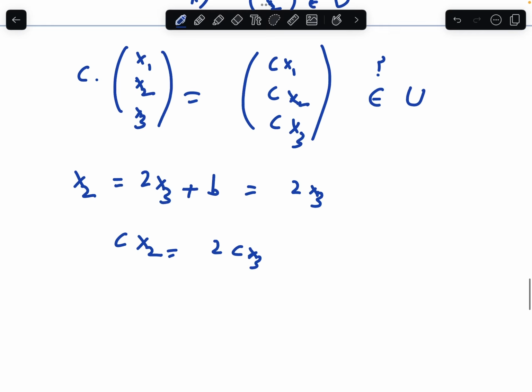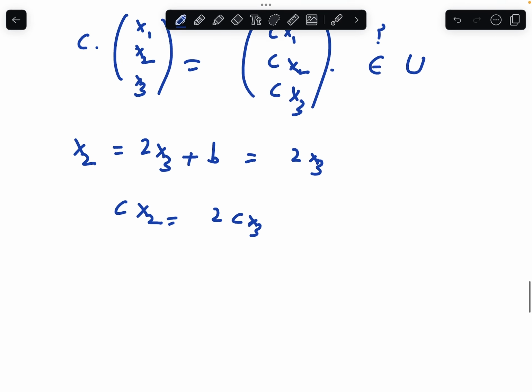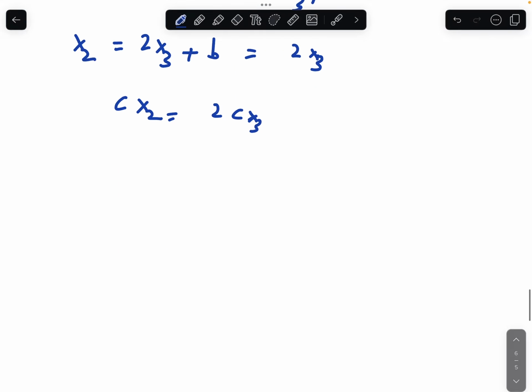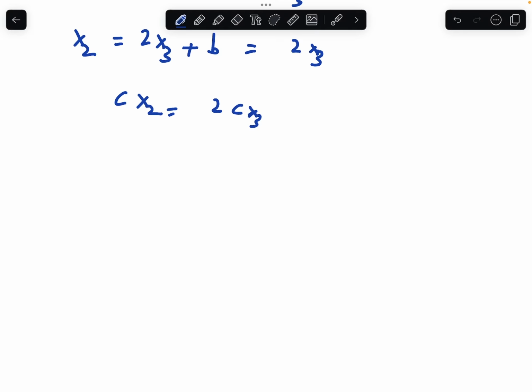That is, this vector is inside U, right? So we can say that this is true. Okay, so 1 and 2 both are satisfied, therefore we can say that U is a subspace of R3 using the result.